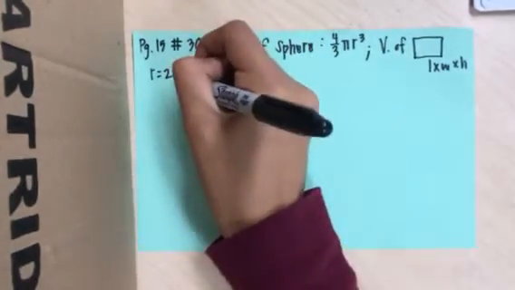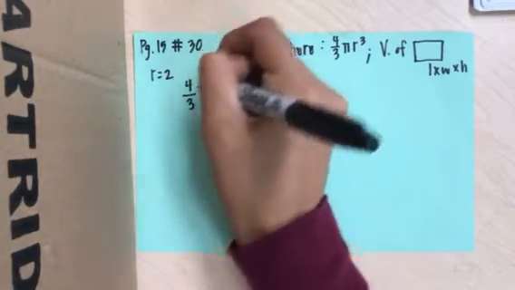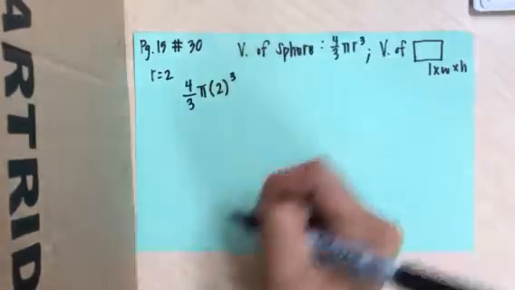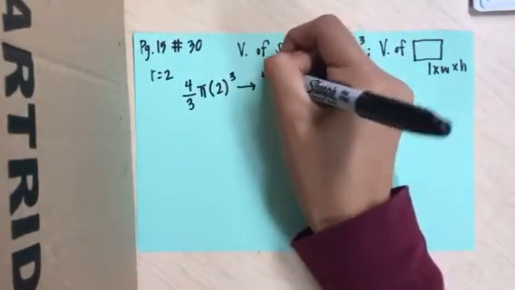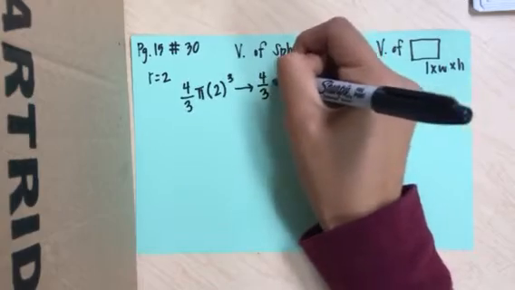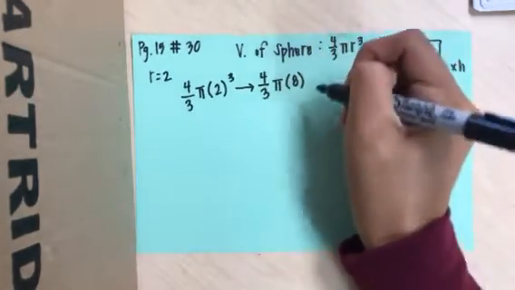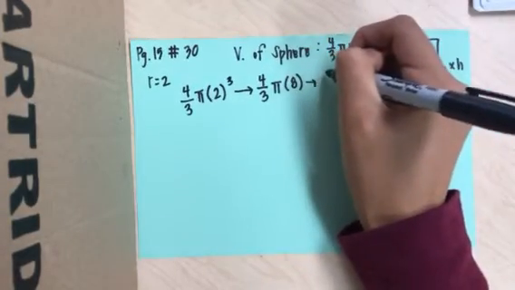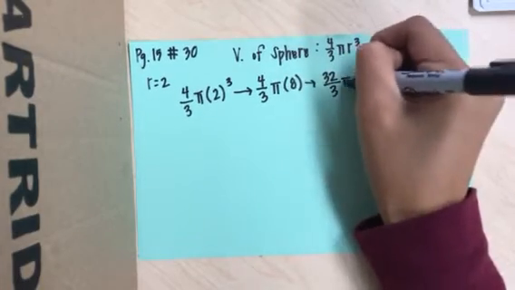So it's going to be 4/3 pi 2 to the third. So we're going to simplify that. It's going to be 4/3 pi 8. Now we're going to multiply 4/3 times 8, which is 32 over 3 pi.